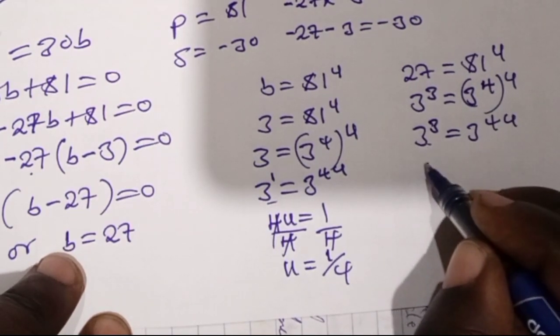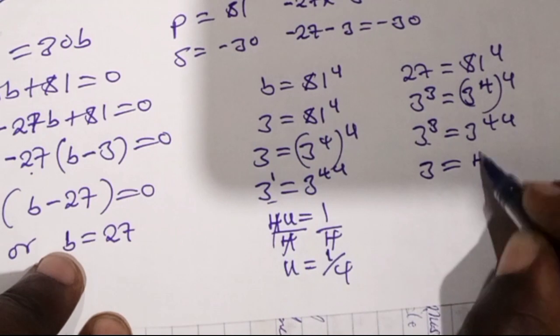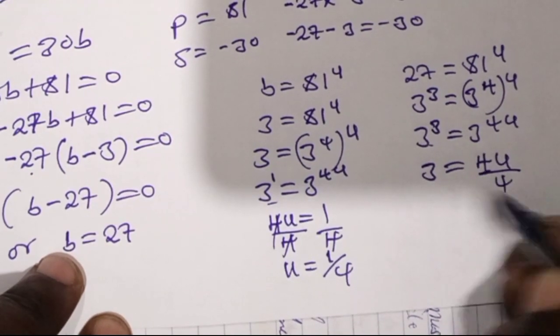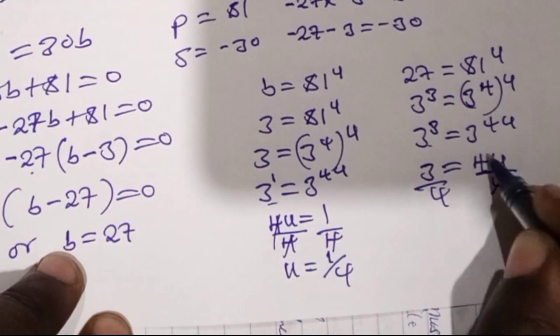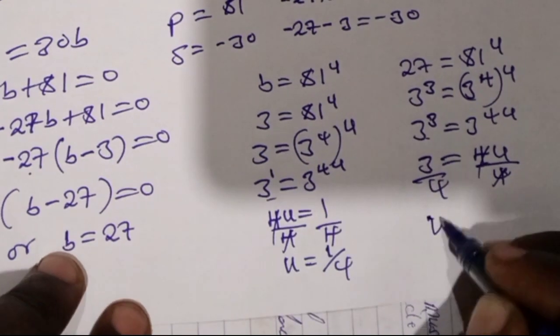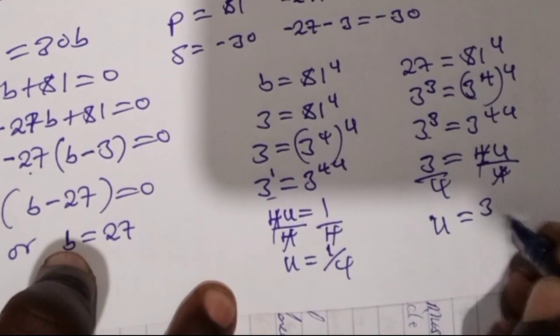Then the bases are the same, so 3 equals 4u. Then you divide by 4 on both sides, which gives u equals 3 over 4, right?